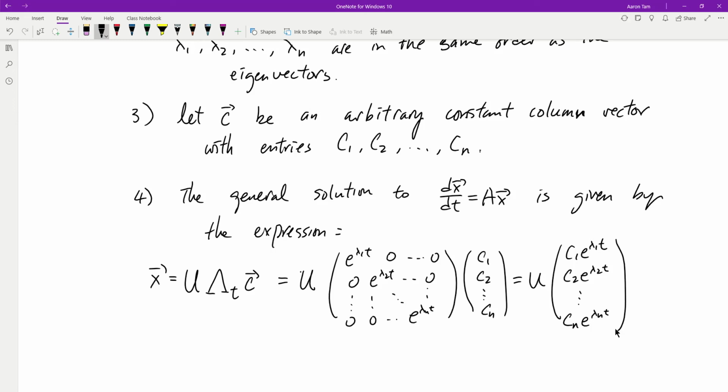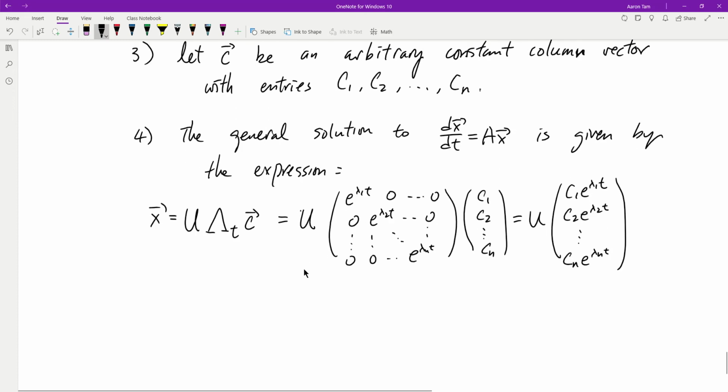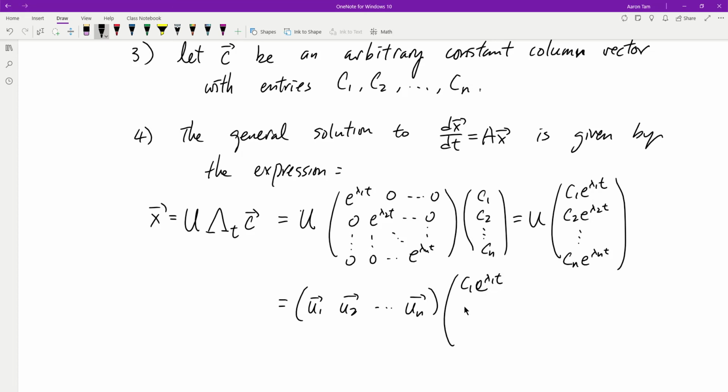And now since you are using each eigenvector as columns, you can then think of U as being this. And so when you multiply this together, it's basically equal to this.